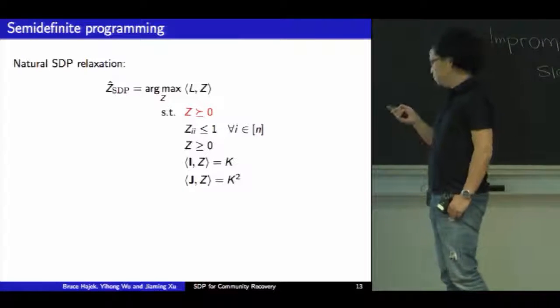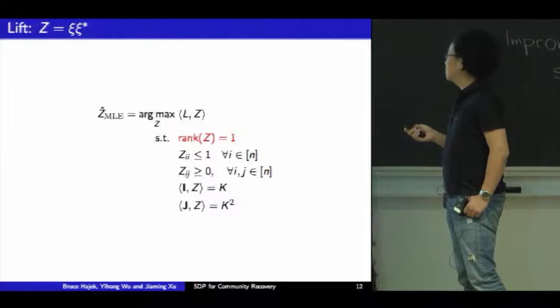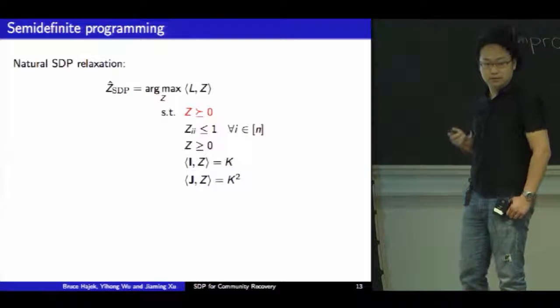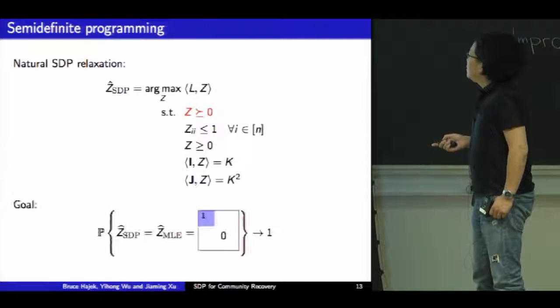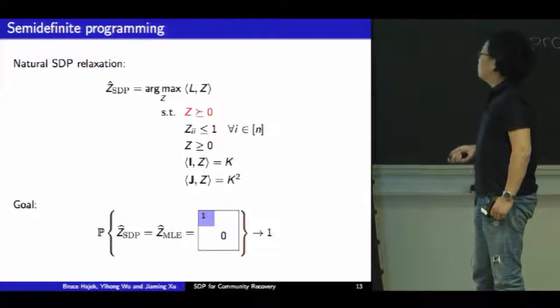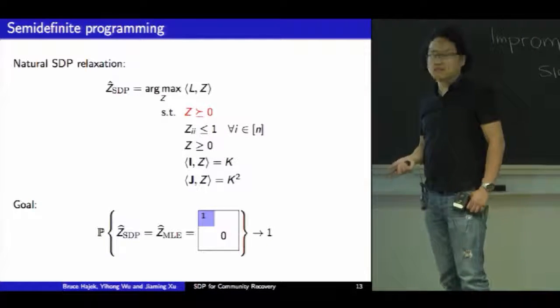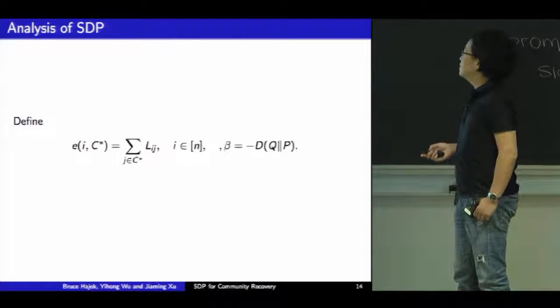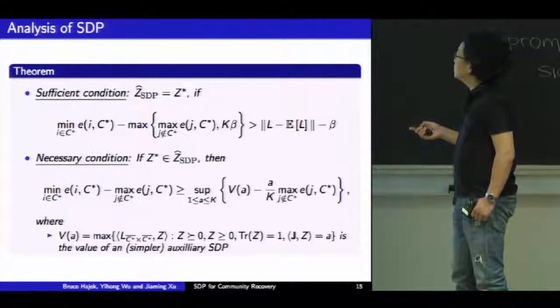So that's the only difference here. Now the question is, can you prove that it nevertheless spits out the true solution that you want? And okay, so let me just skip the proof.